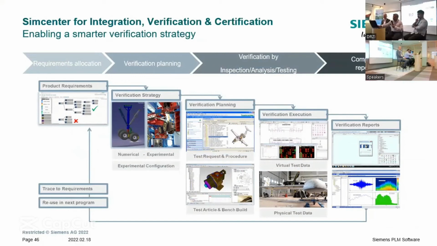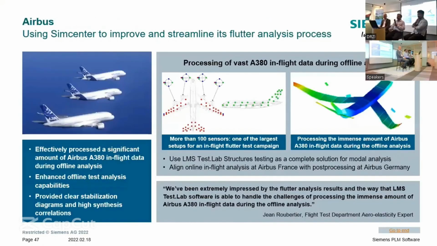So in this solution, we offer an extensive test solution or verification solution, and Airbus is one of our customers, right? So they follow our process solutions. One of the solutions is the flutter solution. They make sure that the flight envelope is covered within the flight and avoid this.